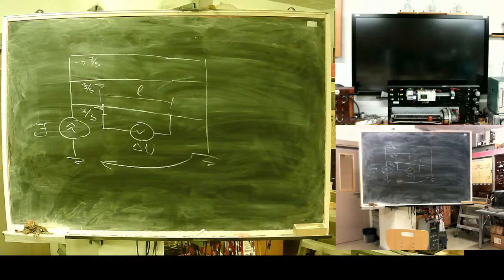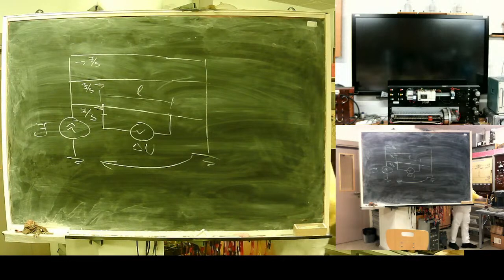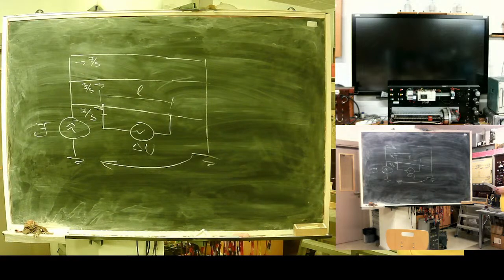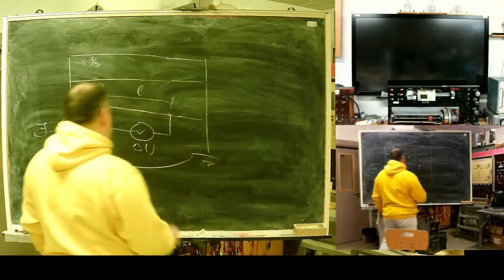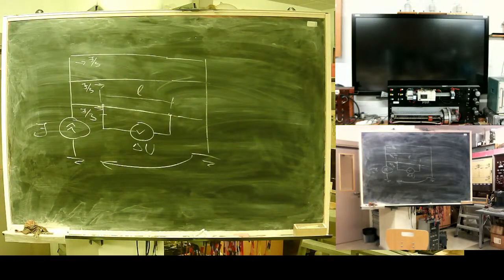This will give me what? If we have this voltage drop, this will yield us the resistance of the line in zero sequence mode.